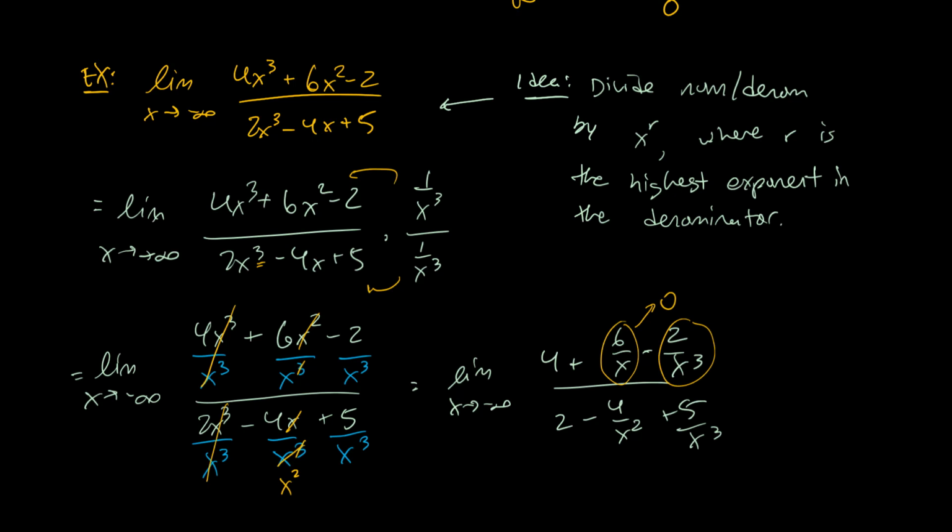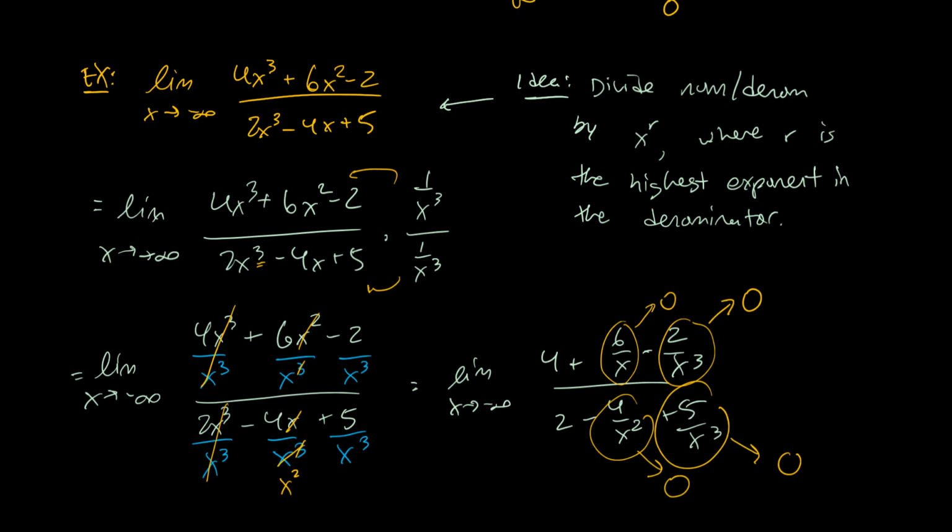2 over x cubed. Well, that's 2 times 1 over x to the r power, r being positive, that's going to go to 0. 4 over x squared, yeah, that's going to go to 0, because you got to imagine x is getting incredibly large in the negative sense. The absolute value is incredibly large of these values. It doesn't really matter what the numerator is. The denominator is going to push this thing to 0, right?